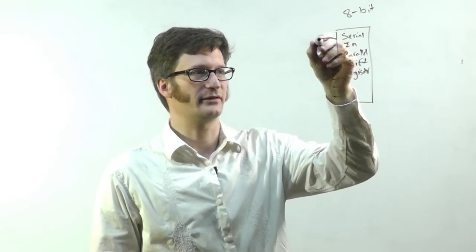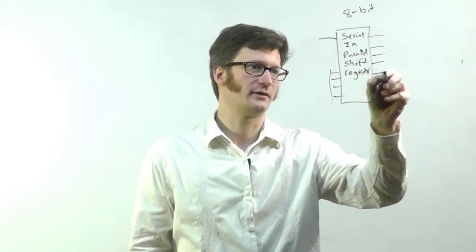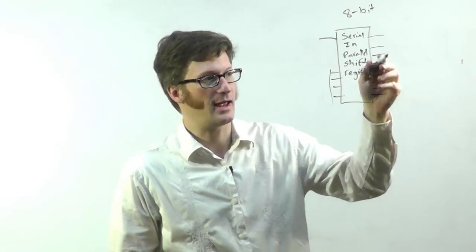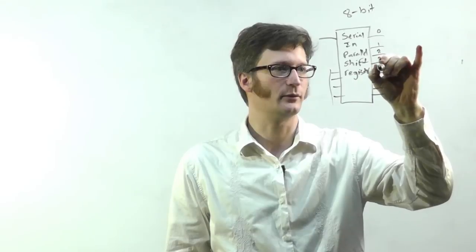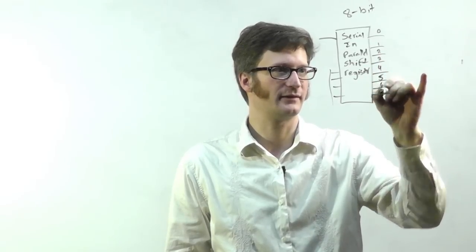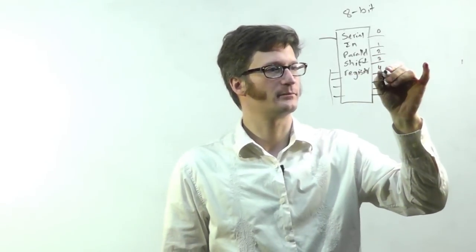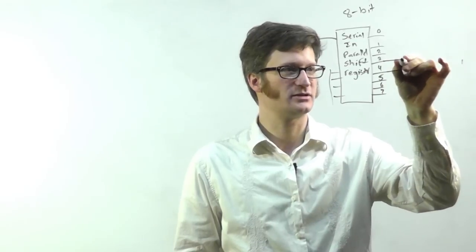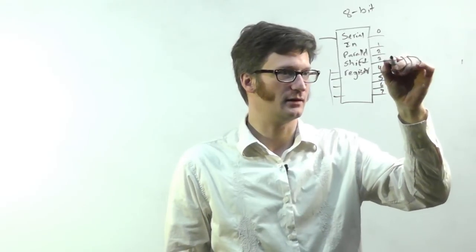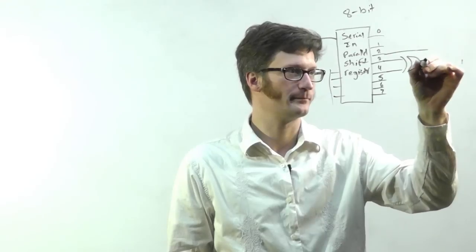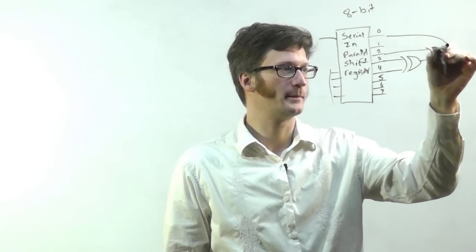And you have your serial in, and then coming out of your outputs, we'll call these 0, 1, 2, 3, 4, 5, 6, and 7. With an 8-bit linear feedback shift register, you have exclusive OR gates on outputs 4, 3, 2, and 0.